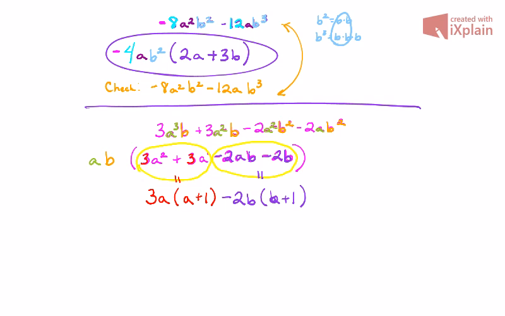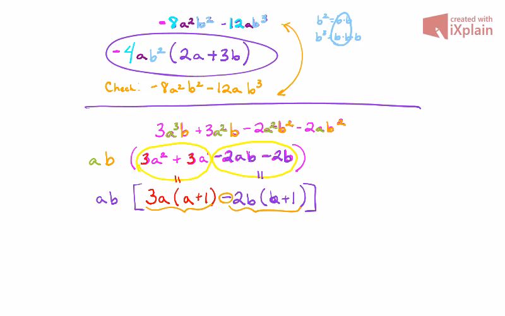Let's see here. The a and the b are just going to drop down. So right now we have this set up. So we have ab times the quantity of 3a times the quantity of a plus 1 minus 2b times the quantity of a plus 1. But notice that these are 2 separate terms because they are separated by the subtraction sign.